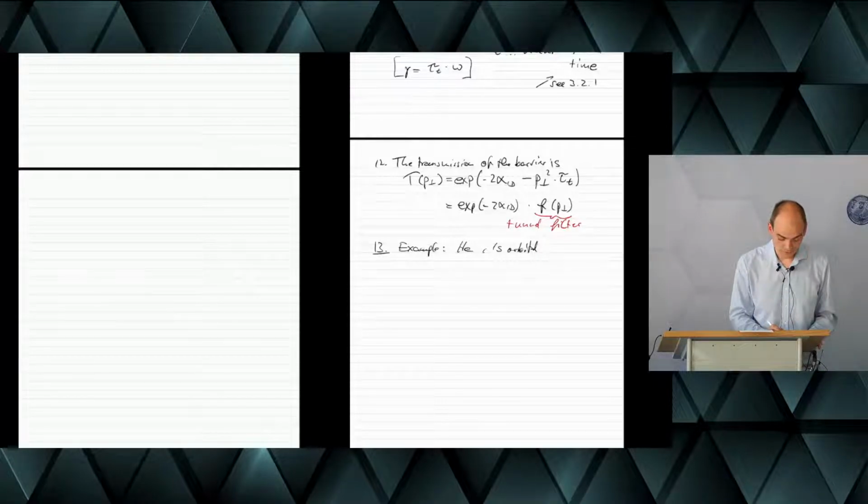Not exactly the same, but close. The ionization potential of helium is very large. It's 0.9 atomic units, so that's 24.6 electron volts. And we use here an intensity of 1.3 times 10 to the 15 watts per square centimeter.